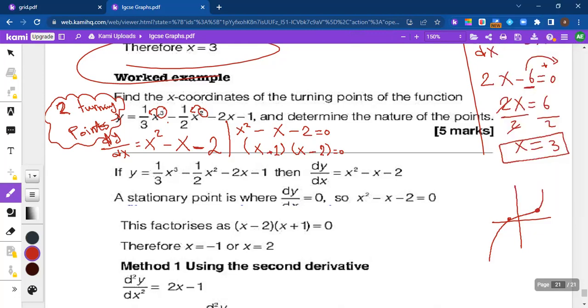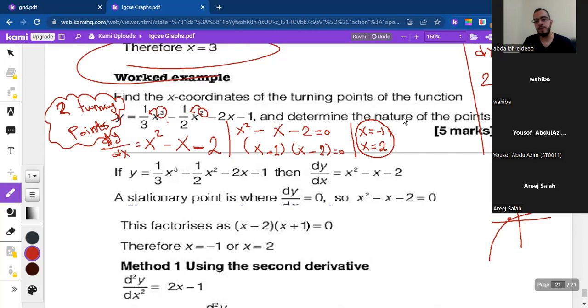Positive 1, negative 2. Then x will be negative 1 and x will be 2.